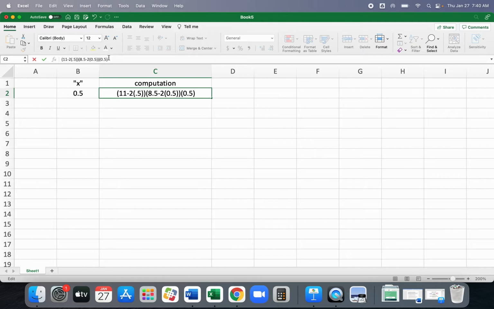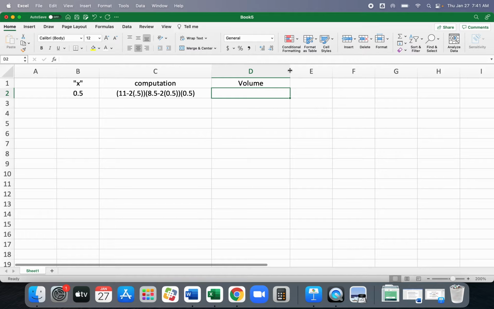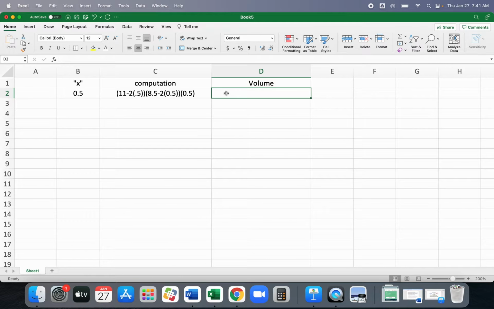Now, in terms of spreadsheet usage, this is not a very efficient usage of spreadsheets. I was typing this out so we can see what all is going on. But if I wanted to find that volume, really I'm using this 0.5 a bunch of times. I could still do this more succinctly, but if I want a nice formula, if you've played around with spreadsheets before, I'm going to have 11 minus 2 of that number in column B. So that's B2.